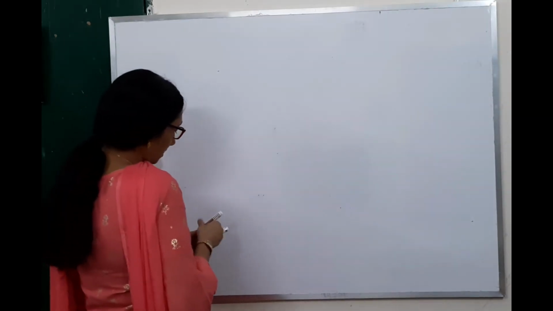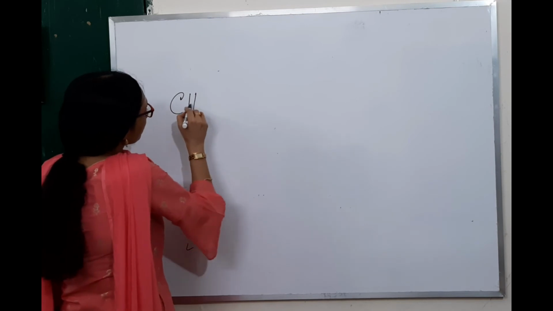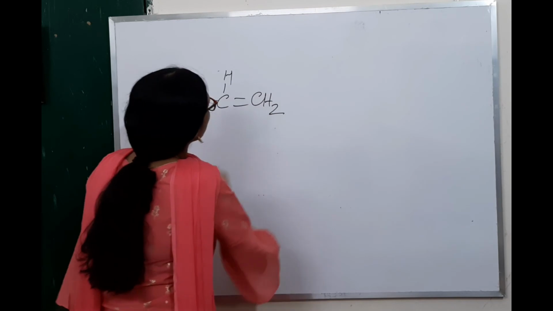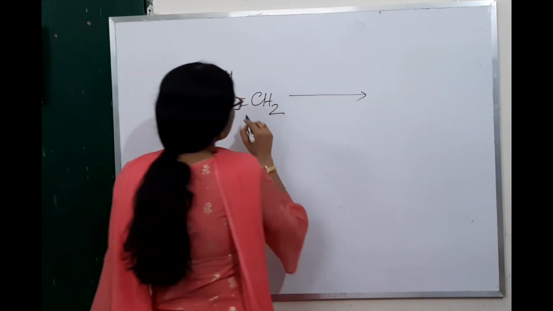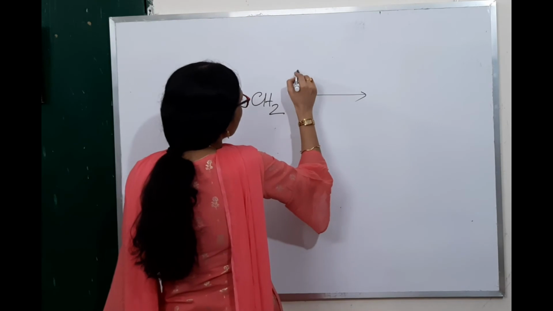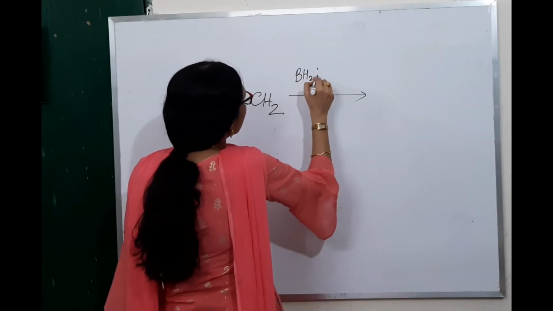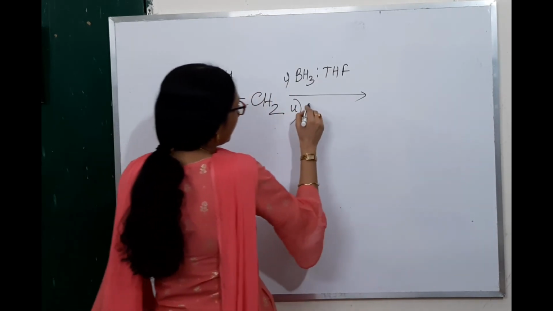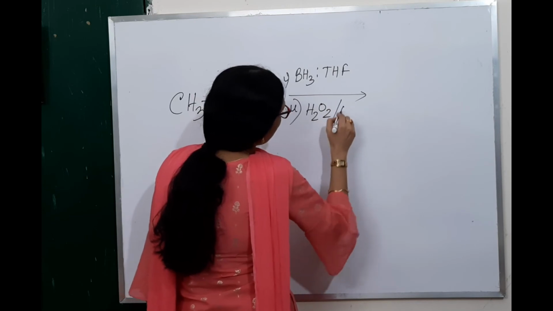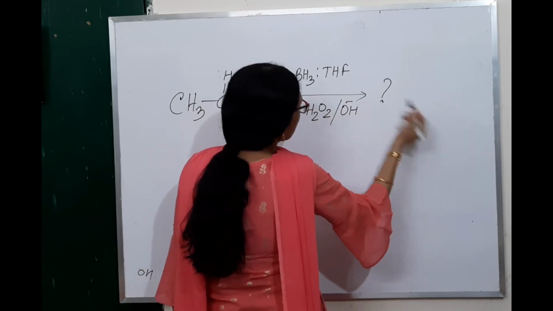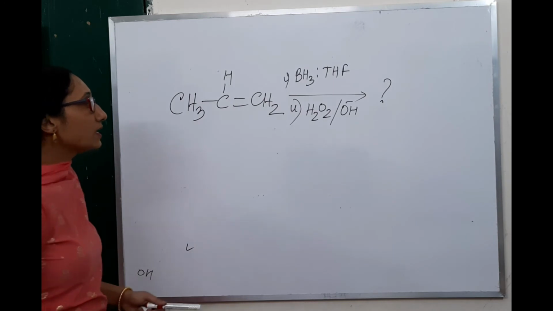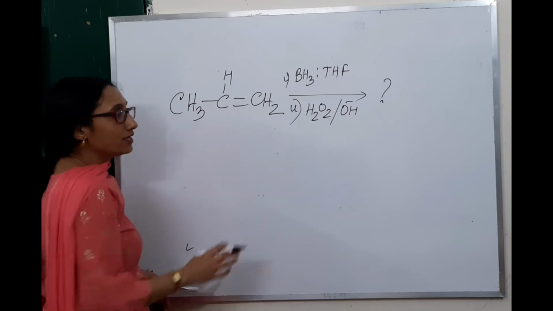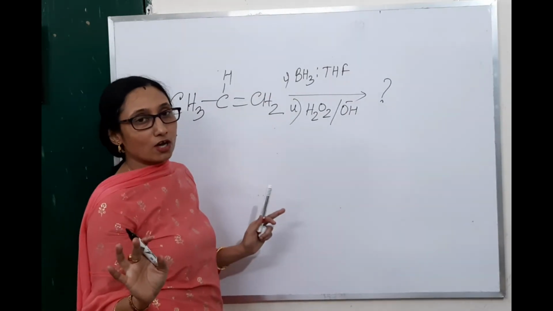Suppose our starting compound is propene. So if you were asked that propene is treated with BH3 and then H2O2 in alkaline medium, what is the product? So what we will do? In a simple way, we will add water according to Markovnikov's rule or anti-Markovnikov's rule?